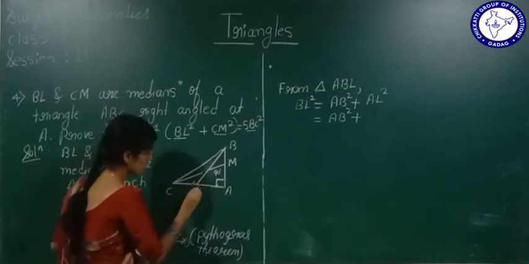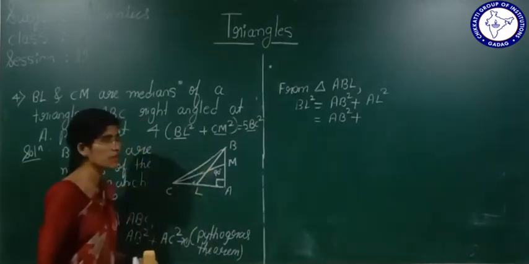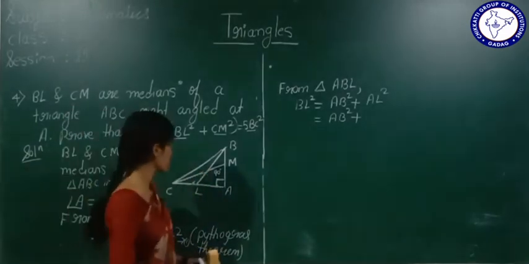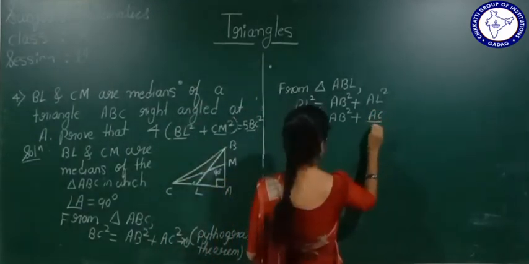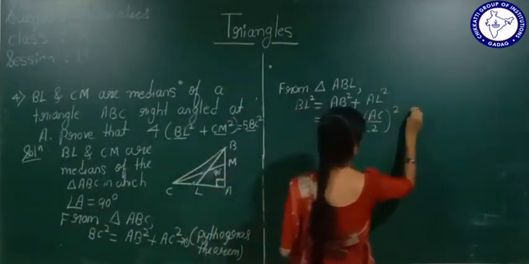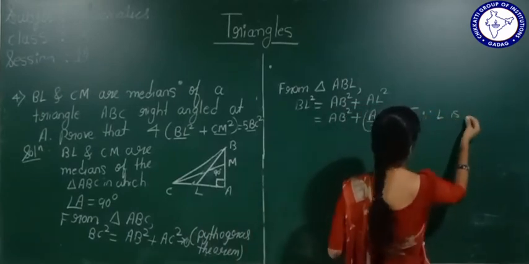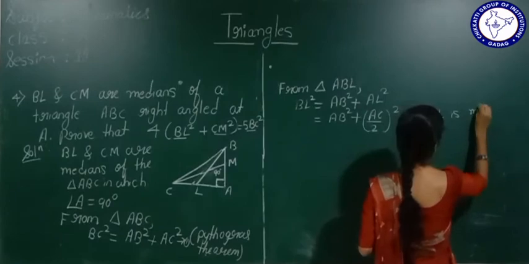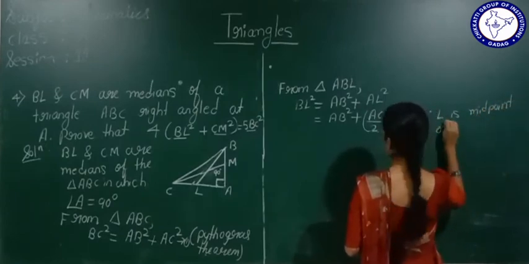CL is equal to AL. So in place of AL I can write AC by 2 the whole square, because L is the midpoint of AC.